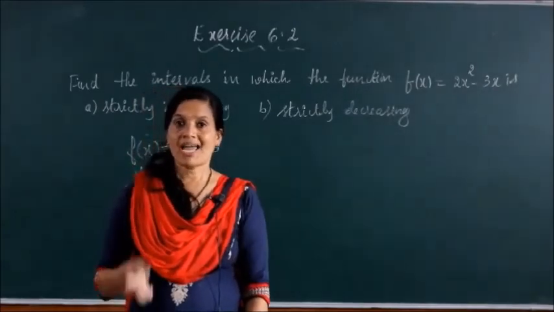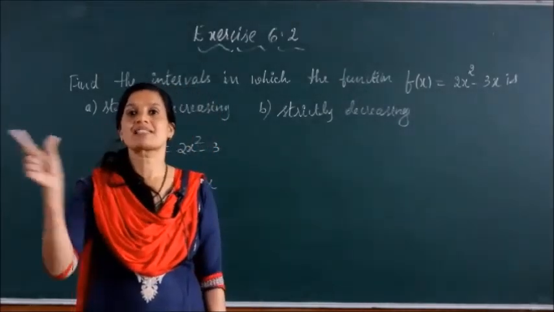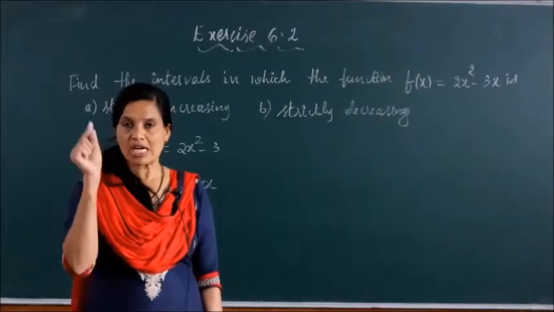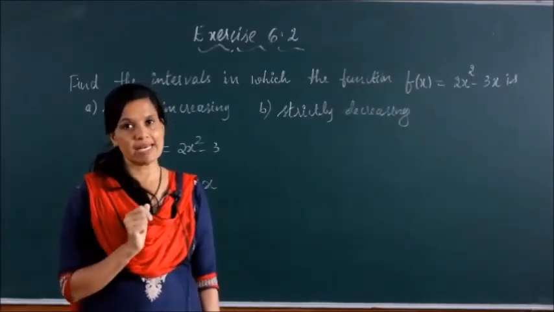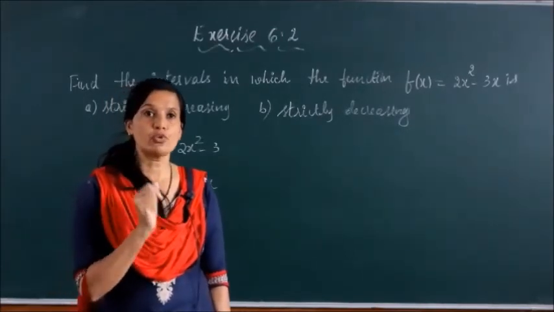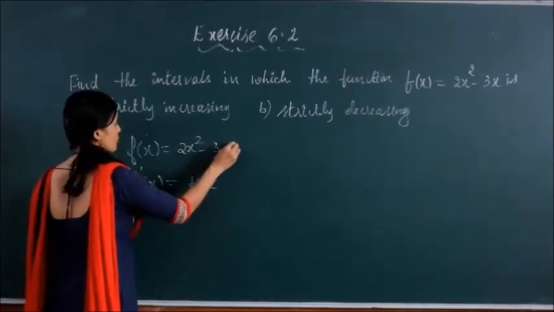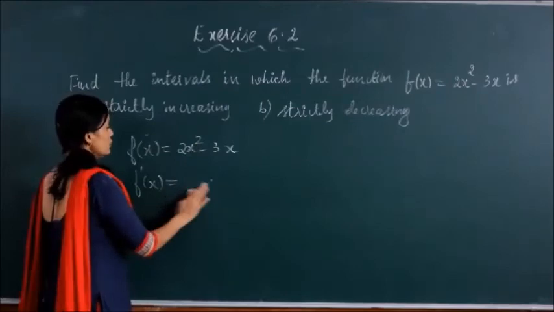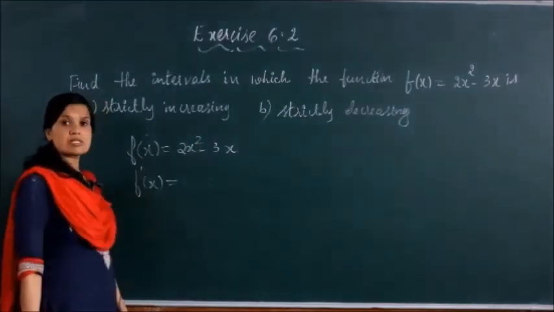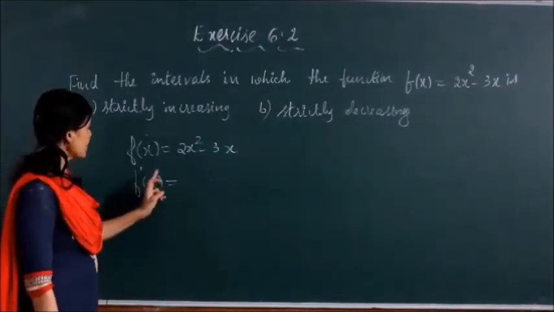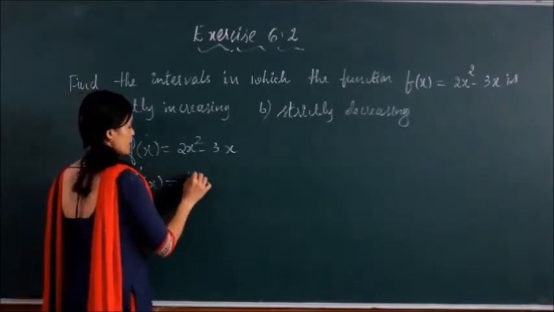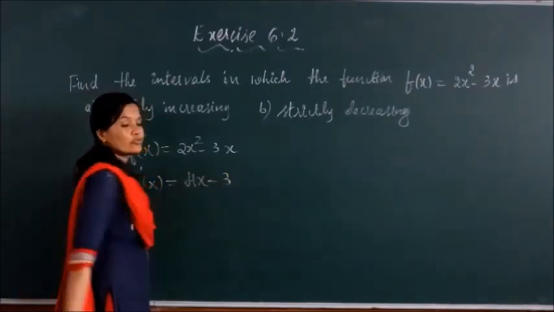So, here I have to find out those points on the x-axis where it is strictly increasing and where the function is strictly decreasing. What I have to do to find out the intervals? I take the function f of x is equal to 2x square minus 3x, f dash of x. So, f dash of x is 4x minus 3.